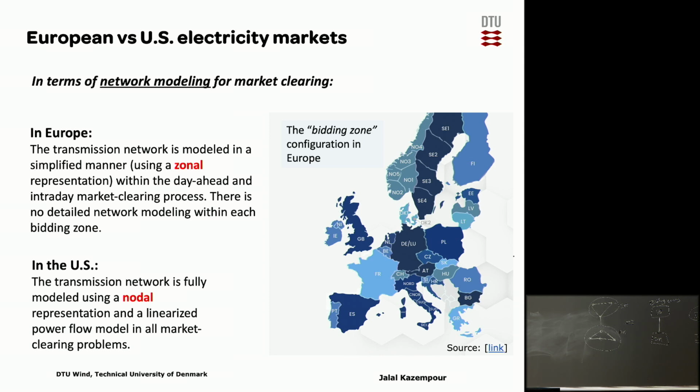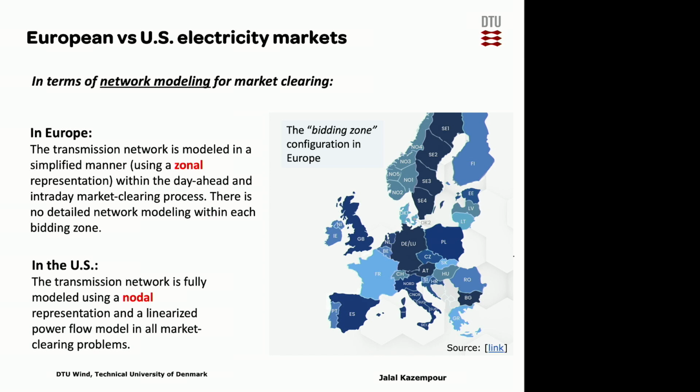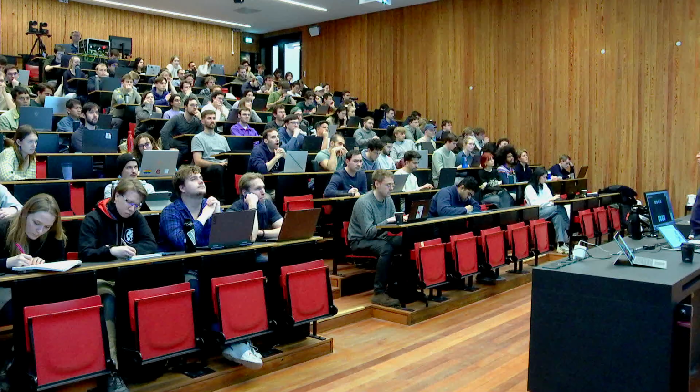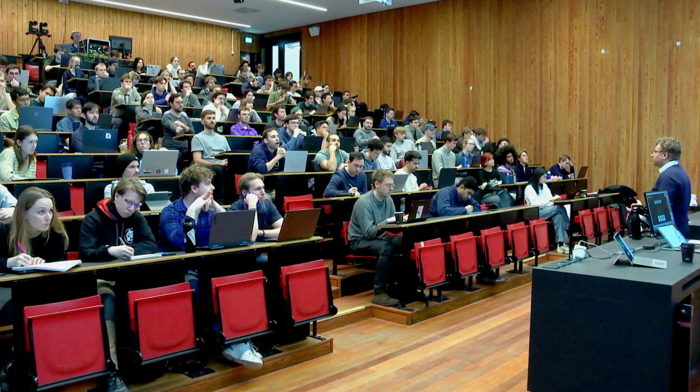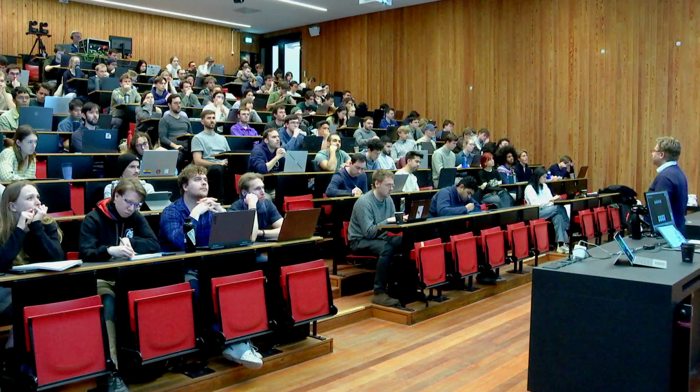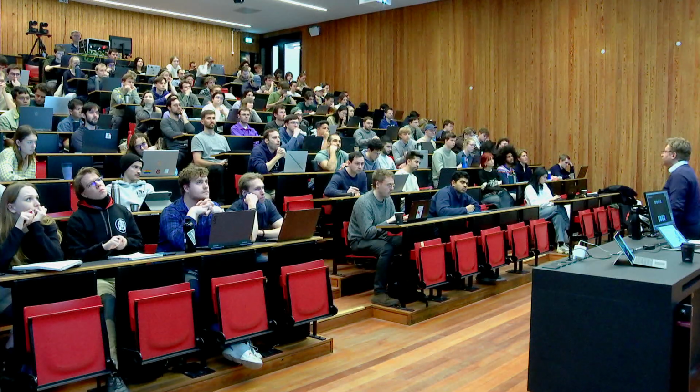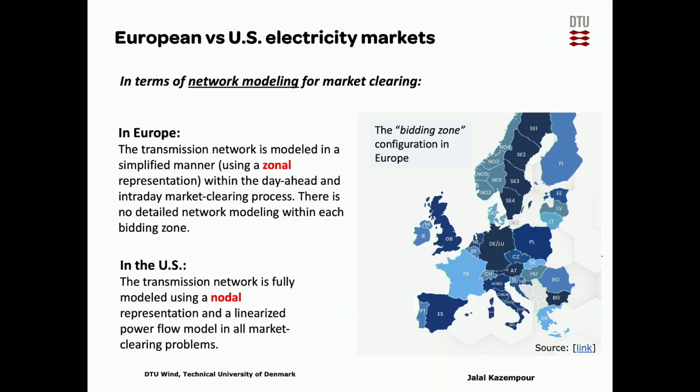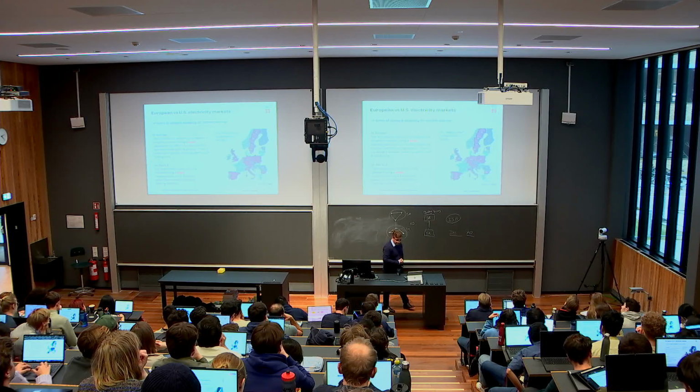Is there only one bidding zone per country? No. Do you see a particular pattern? No, it's a bit random, I would say. I would say there are historical reasons behind, so developments or history.